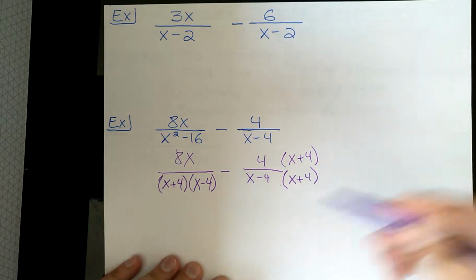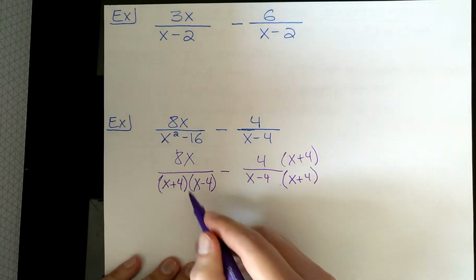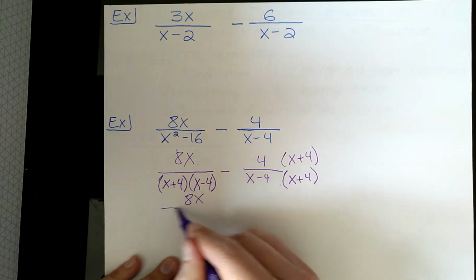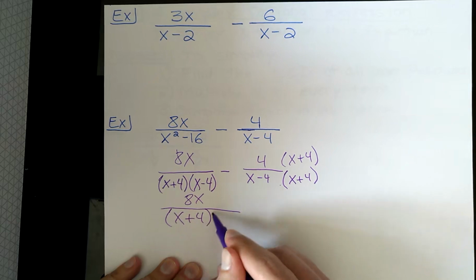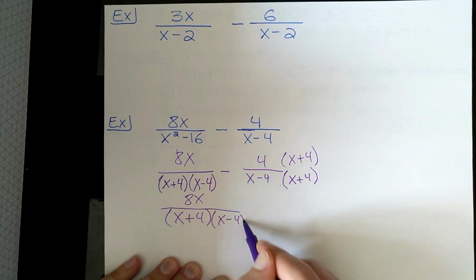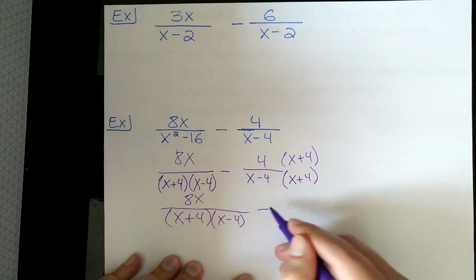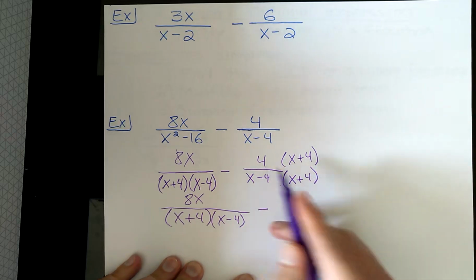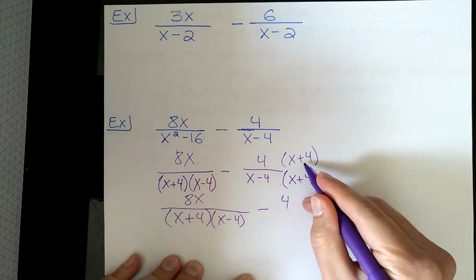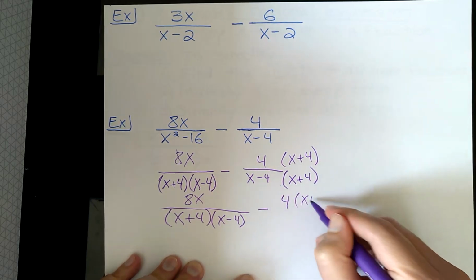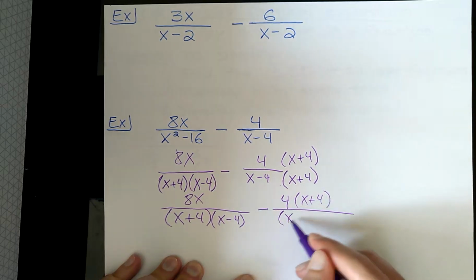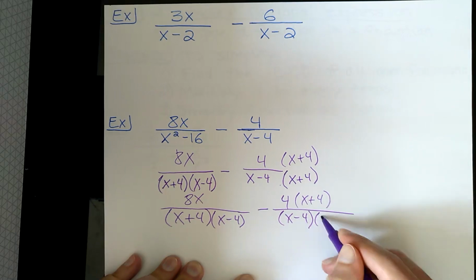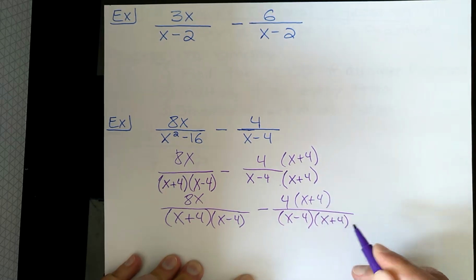Okay, so with that, let's go ahead and start simplifying. We now have 8x over x plus 4 times x minus 4, minus 4 times this x plus 4, over x minus 4 times x plus 4.